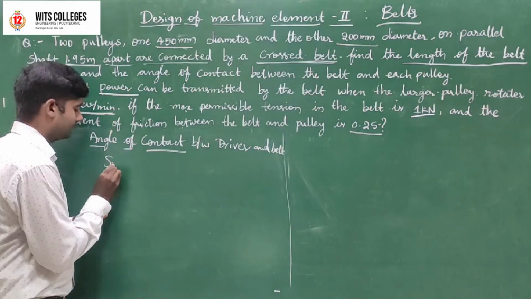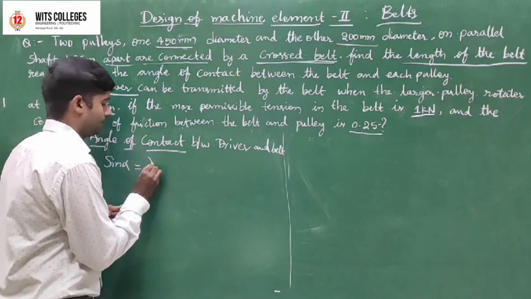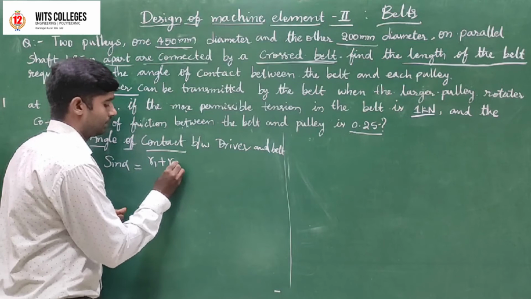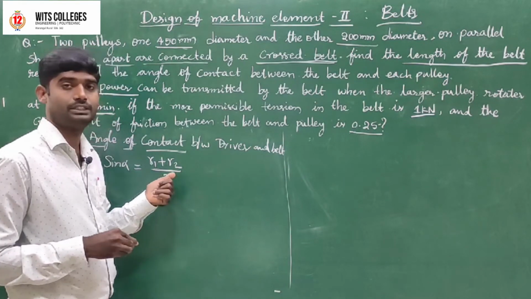Sin alpha is equal to (R1 plus R2) by x. Substitute R1 and R2 in terms of meters.